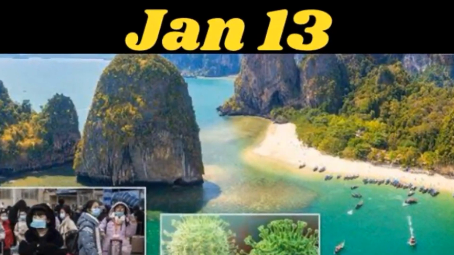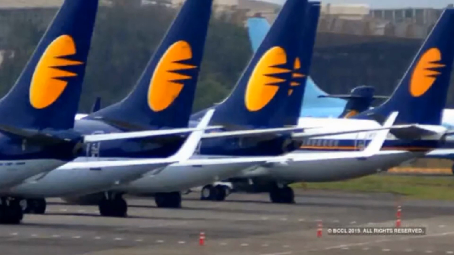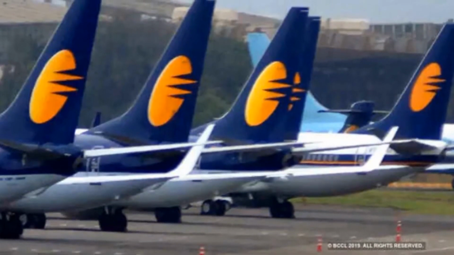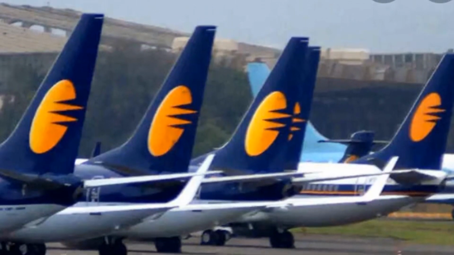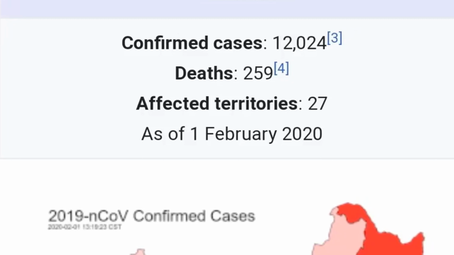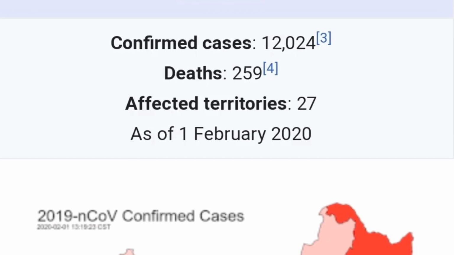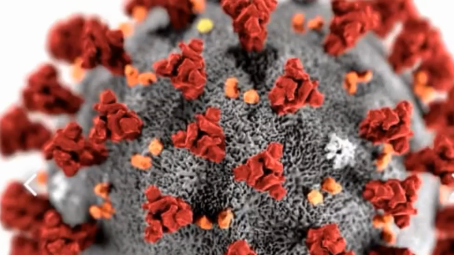Jan 13, WHO reports a case in Thailand, outside China. On Jan 23, Wuhan was placed under effective quarantine, air and rail suspended. So far, the confirmed cases were 12,024, deaths were 259, and affected territories were 27.